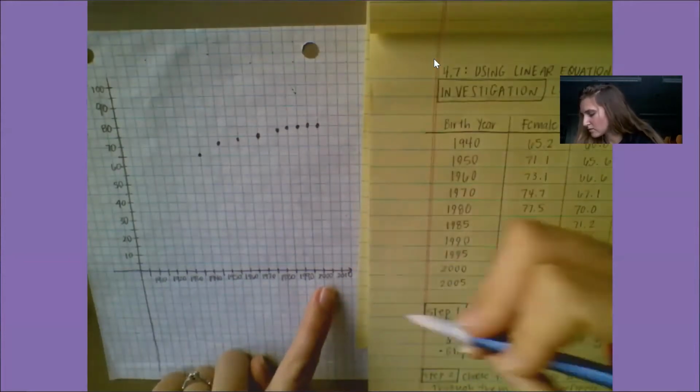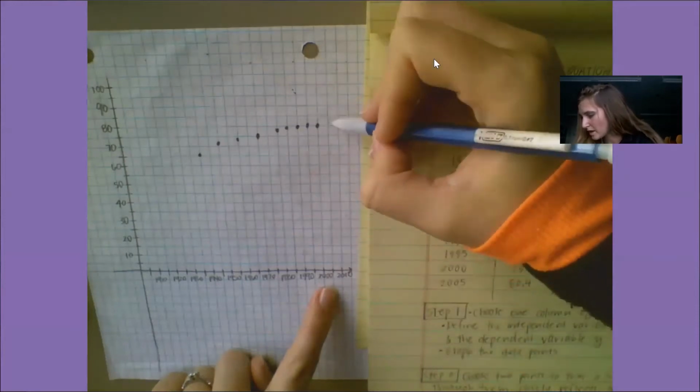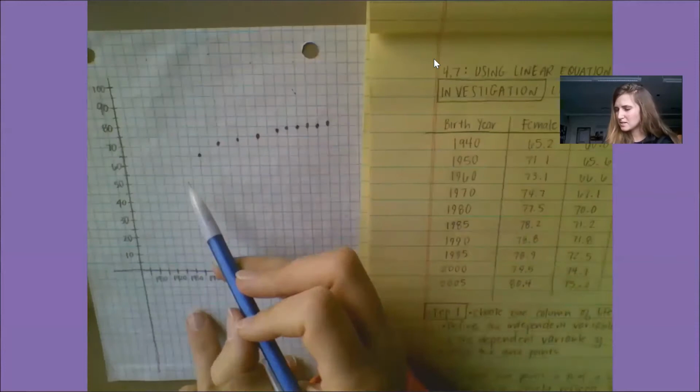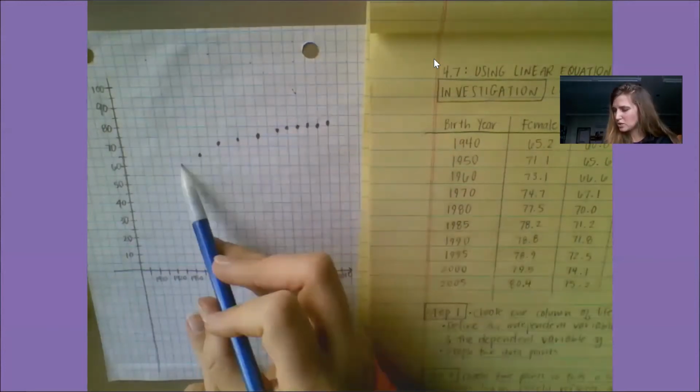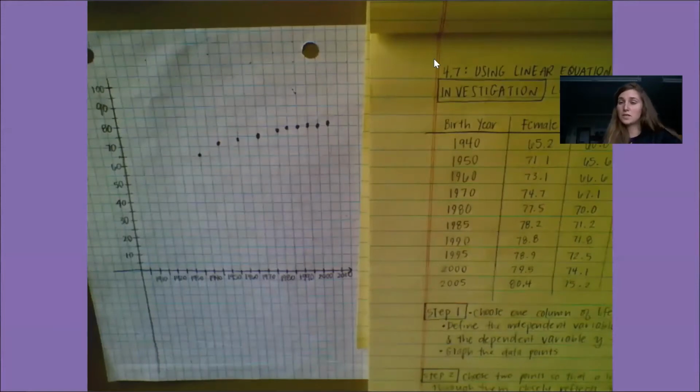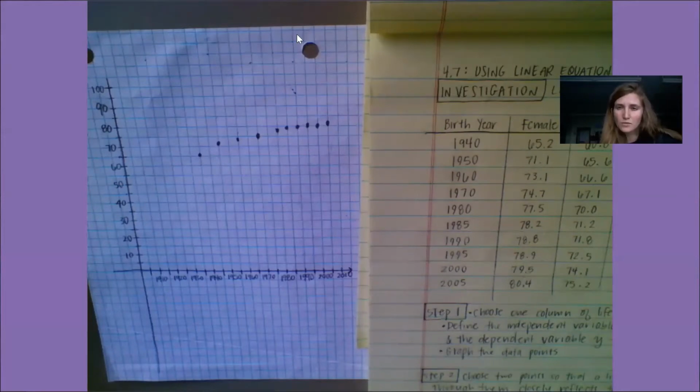And then 2005, 80.4. Like I said, there's somewhat of a linear relationship here, but not perfectly, again, because we're dealing with real life. I'm going to fast forward through plotting the male and the combined points.